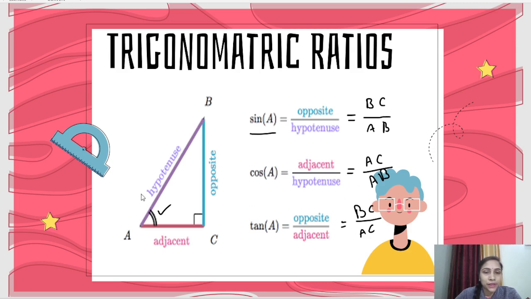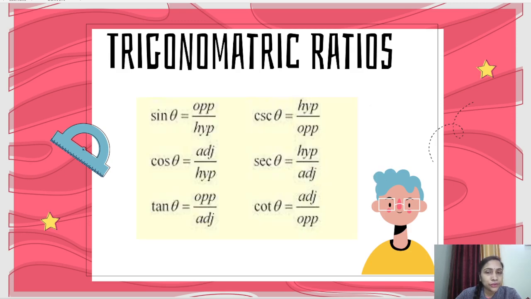And we have three more ratios. Here, actually it should be sec, S-E-C: sin theta, cosec theta, cos theta, sec theta, tan theta and cot theta.